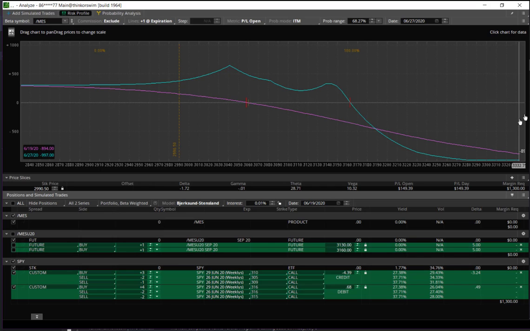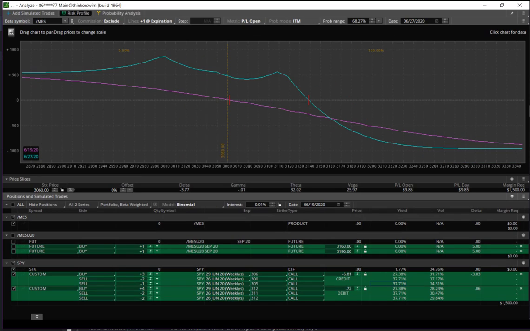The other ones work the same. Here's the bear one. So where am I going to put the thing on? Let's see. Earlier than this, so probably more like 3110, something like that.